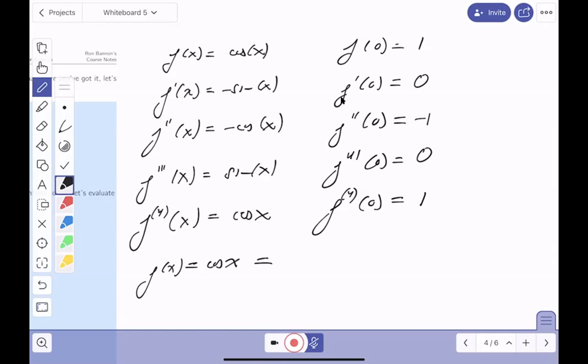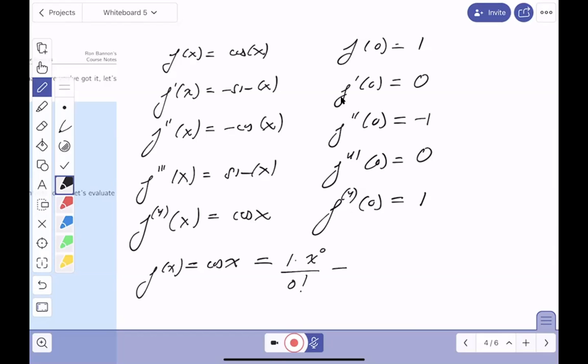And we're going to write it down now. What is it going to be? Well, it's going to be 1 times x to the 0 over 0 factorial, minus, well, I don't have any linear ones, but I had a quadratic.